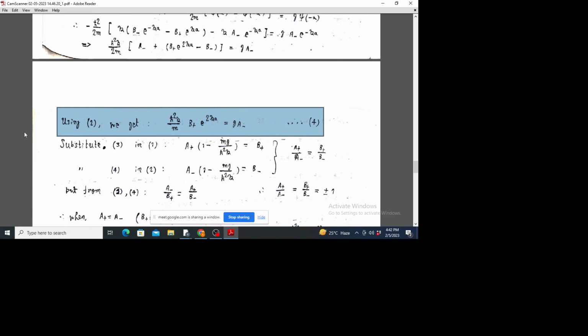So we have these 4 conditions. We have these 4 relations between our undetermined coefficients A minus, A plus, B minus, B plus. Okay, and now further substituting 3 in 1, this is just algebra. So substitute this, follow the steps that I have written.